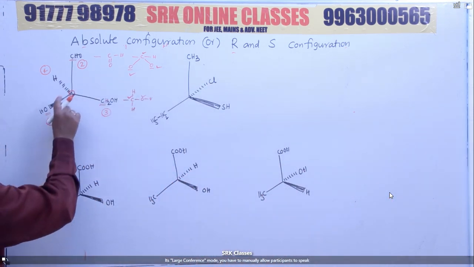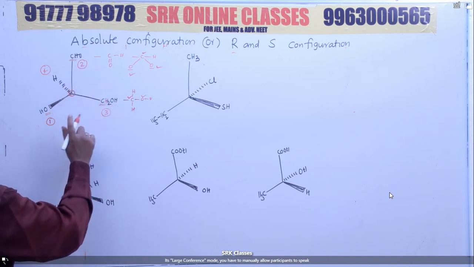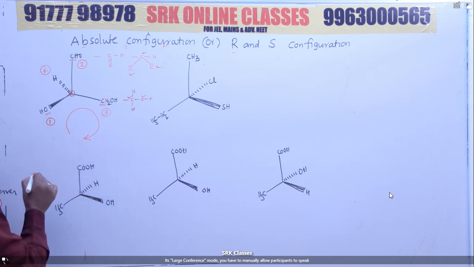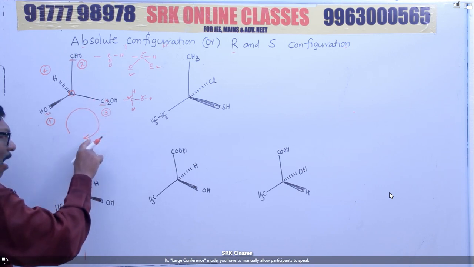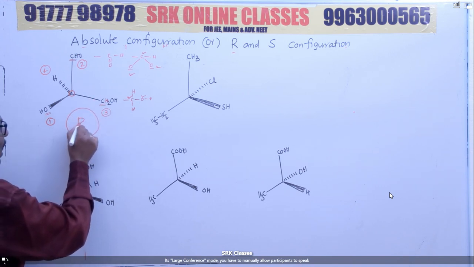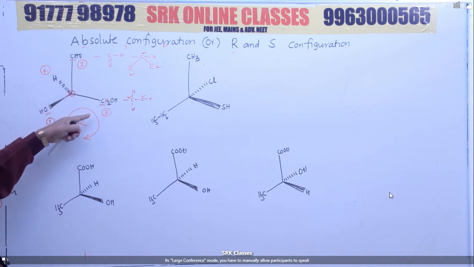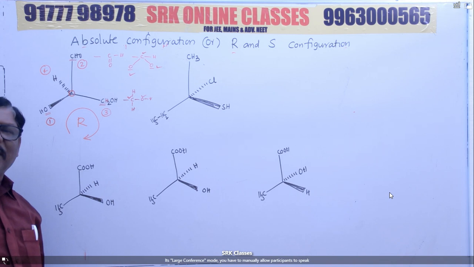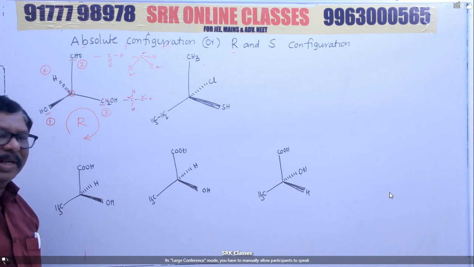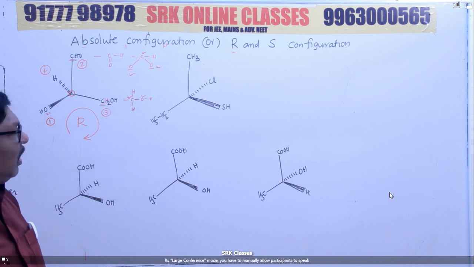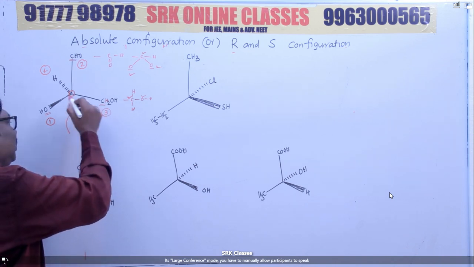This is 1, this is 2, this is 3. Therefore, this is the way. This is called R, meaning clockwise direction. The first 3 priority groups are connected in the clockwise direction. The configuration is said to be what? R configuration, because the fourth priority group is away from the observer. Therefore, the configuration must be R.